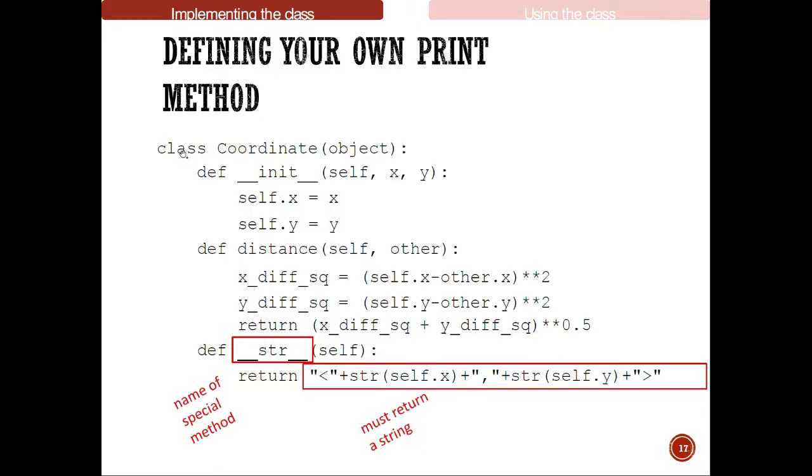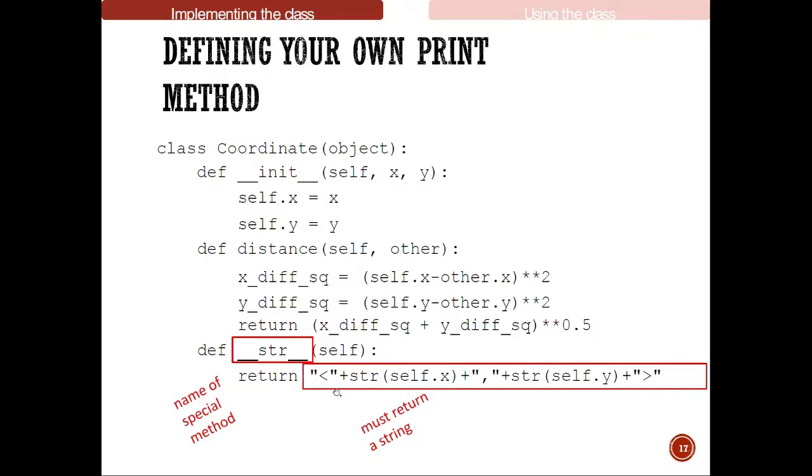So here again, we have the class definition with the name, the way to initialize it. We defined the distance method, and we define the __str__ method, which controls what is printed out when we invoke the print method on an instance of that class.